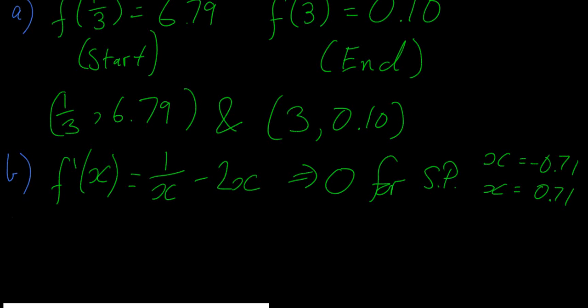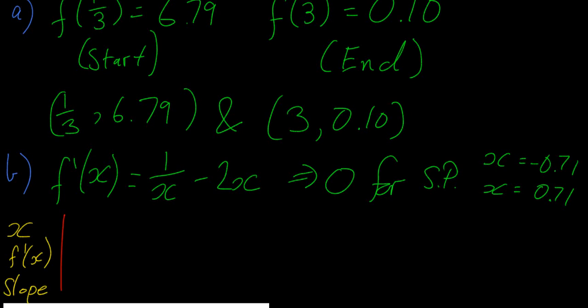To do that, let's use a different color. Use yellow. x, f dash of x, so this is a gradient, a slope. Alright, so first of all, what do we know?